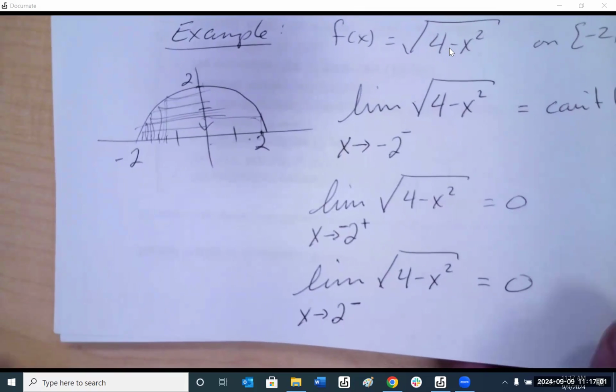All right, let's look at theorem 6. Let's start putting everything together.